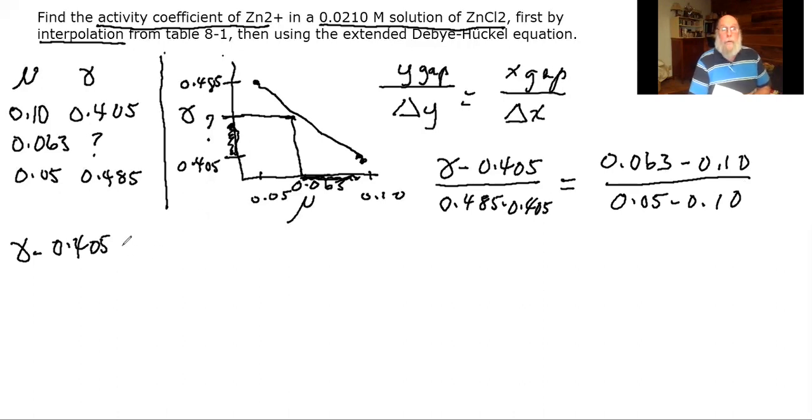Continuing on, we can continue to simplify it. And 0.08, that's the 0.485. I've just cross multiplied there to save some space and time. And that we divide by negative 0.05.